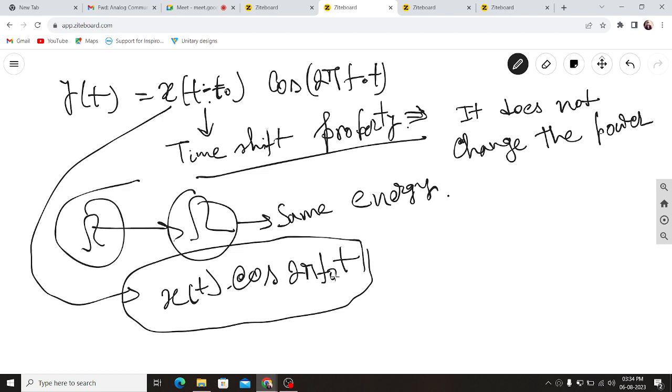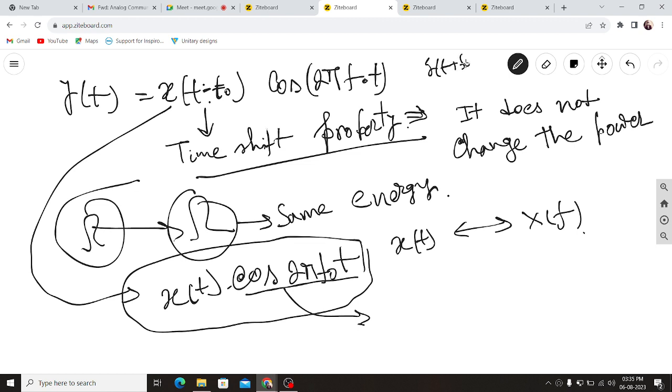Now the key point here is, x(t) is a signal and it has a Fourier representation X(f). This signal is getting multiplied by a cos function, so a convolution happens in the frequency domain with delta functions, because the cos function has delta of f plus f0 and delta of f minus f0 components. If we plot the frequency domain spectrum of a cos function, it will be like this at f0 and minus f0.